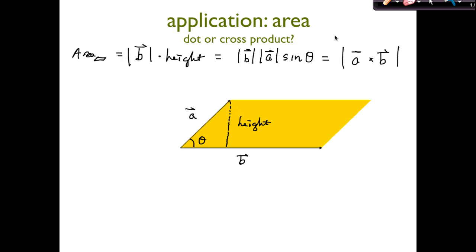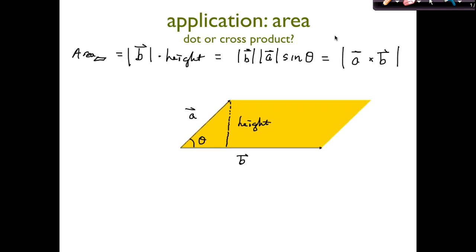So which way would the cross product point in this case? It's either going to be out of the screen or into the screen. So you get your right hand, you position your hand so that your index finger points in the direction of the first vector, and your third finger points in the direction of the second vector.